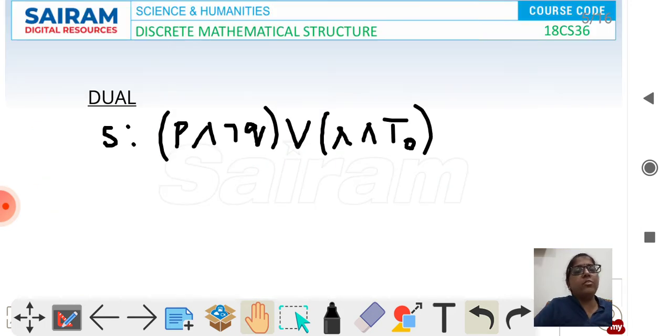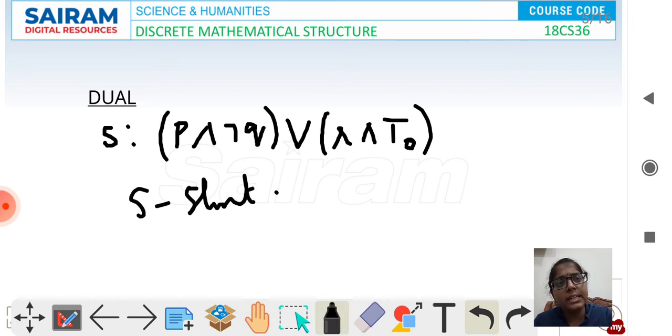Before that, what is dual? Dual of a statement. Suppose a statement is given like this: P and negation Q, or R and T naught. How will you find the dual of the statement? They have given S as a statement, and S may be any statement.